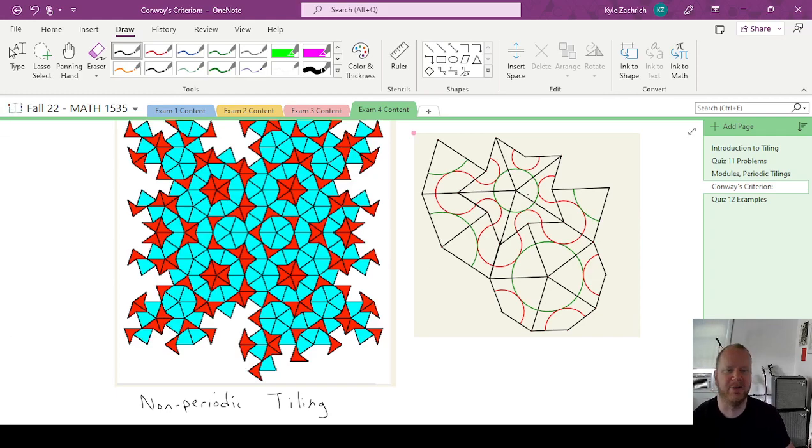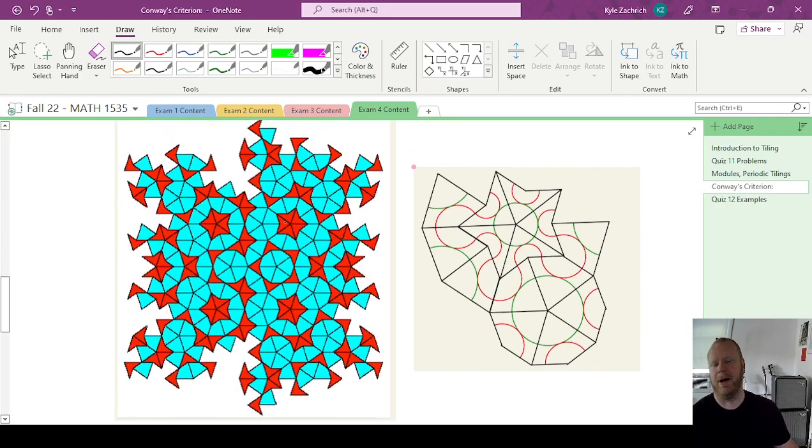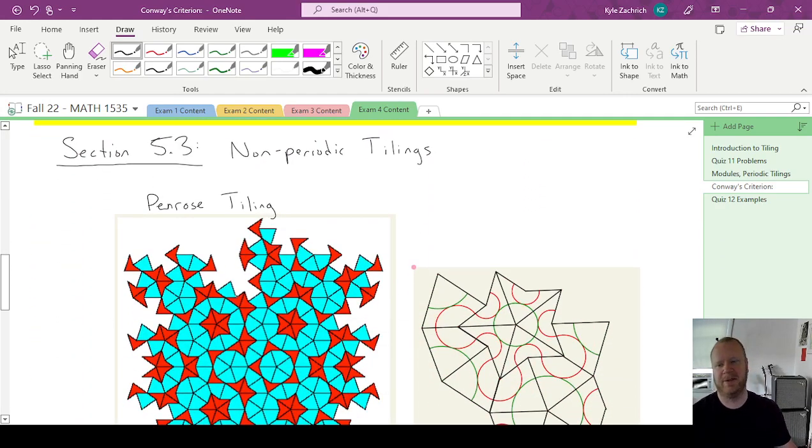If you want to see how it's formed, you can see those same dart and kite shapes over here, but there are some curves that form complete loops in some interesting ways. If you look through the darts and kites, you can trace these intricate curving patterns, but the idea is that they just never repeat each other.